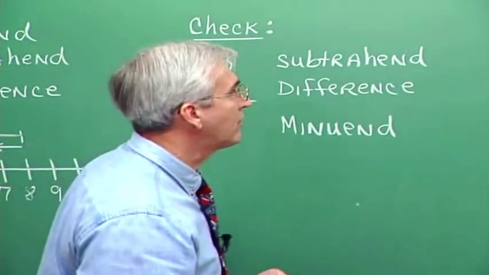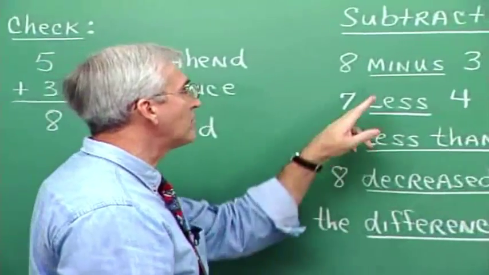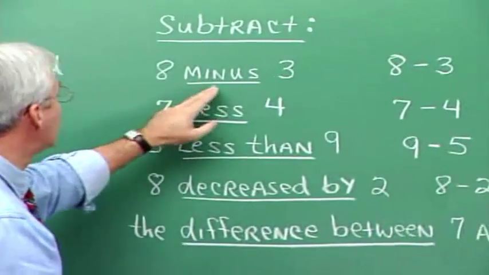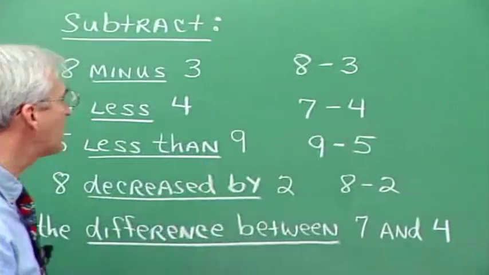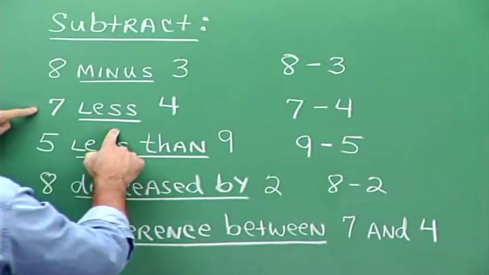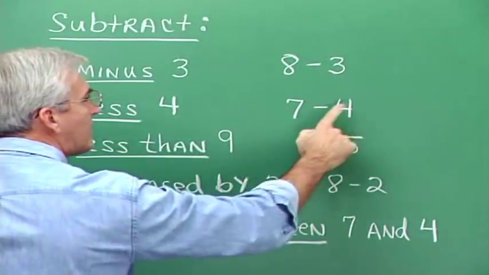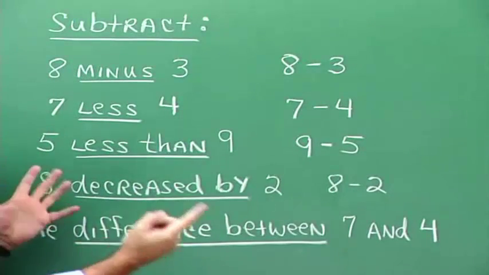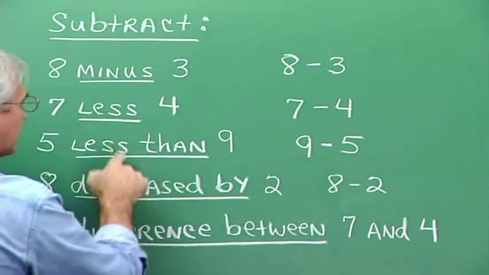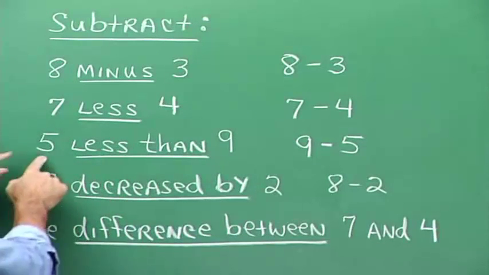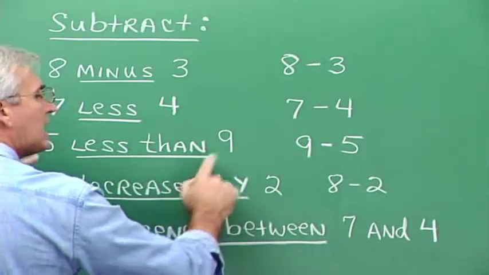These words and word phrases lead to subtraction. The word minus implies subtraction. 8 minus 3 is 8 minus 3, pretty obviously. 7 less 4 is 7 minus 4, or 7 subtract 4. Now, here's one that's related to these two, and this one is not obvious. 5 less than 9.